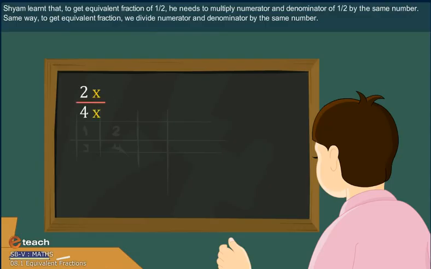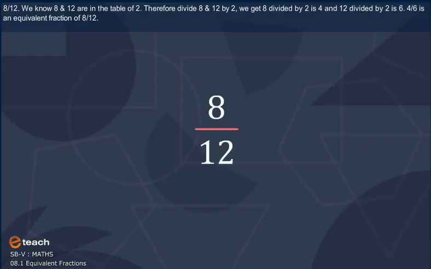Shyam learned that to get equivalent fraction of 1/2, he needs to multiply numerator and denominator of 1/2 by the same number. Same way, to get equivalent fraction, we divide numerator and denominator by the same number. 8/12.